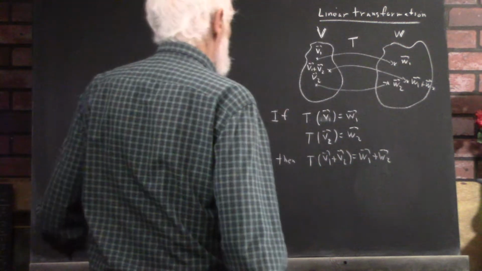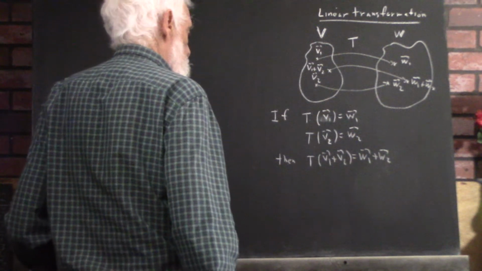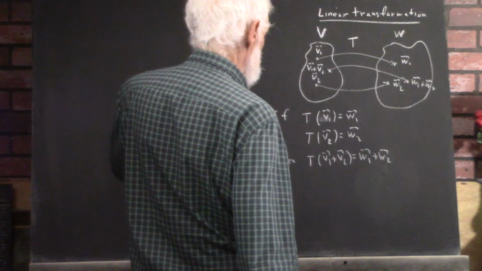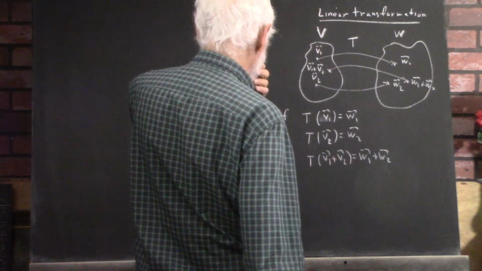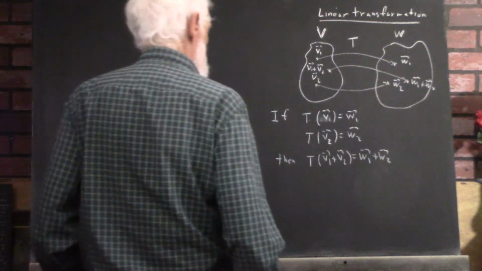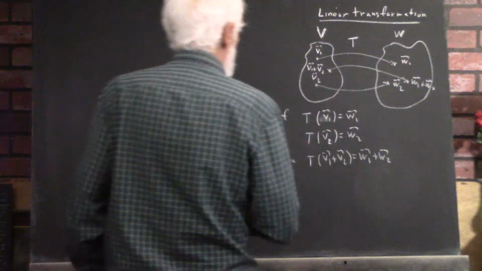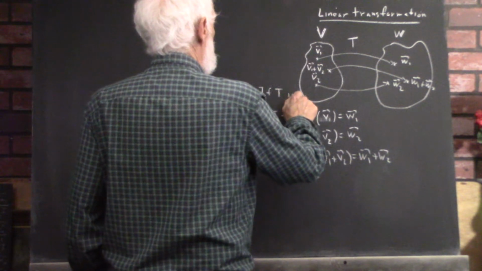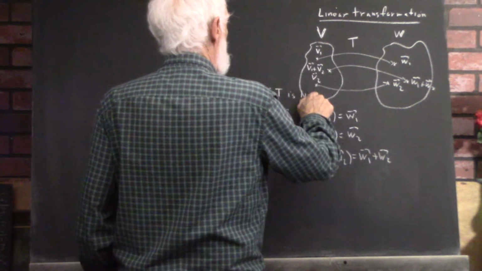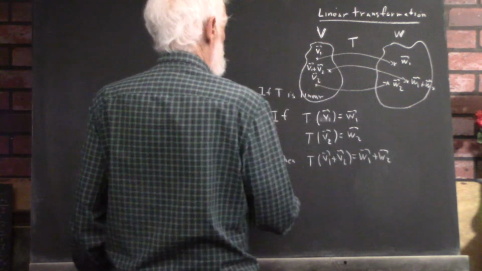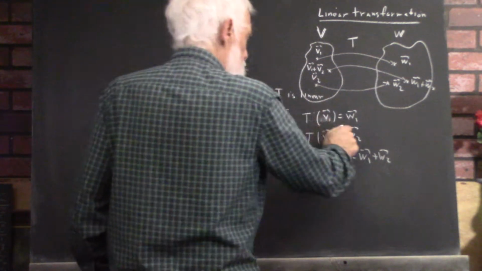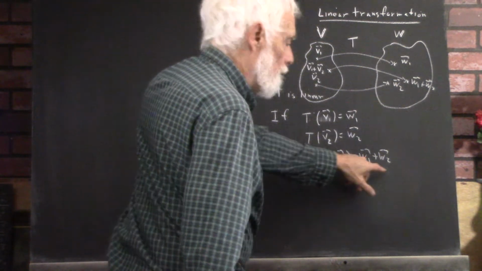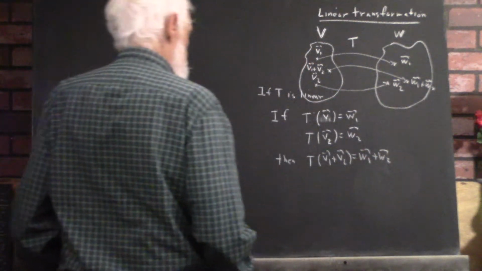That's one property of a linear transformation. And I should say, if T is linear, and T of V1 equals W1 and so forth, then T of V1 plus V2 equals W1 plus W2.